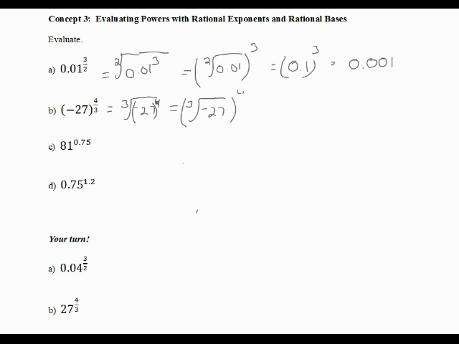Now I didn't put brackets around the negative 27 this time because it's under the radical sign, and that implies brackets on its own. So the cube root of negative 27 is negative 3, and that's to the power of 4, and I am going to put that in brackets because the whole thing is to the power of 4. 3 to the 4 is 81, and because it's an even exponent, it will be positive 81.